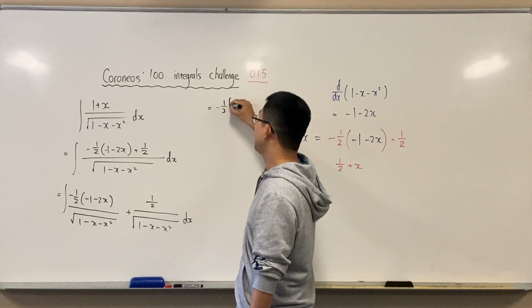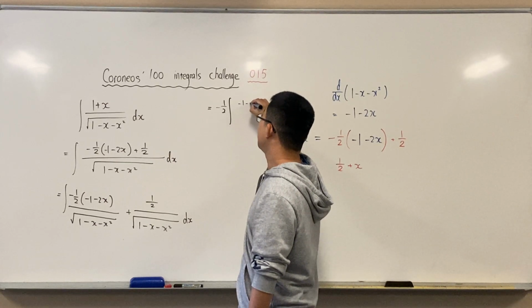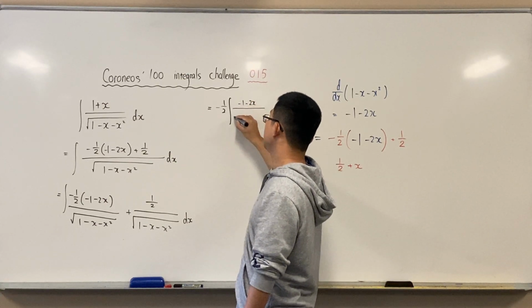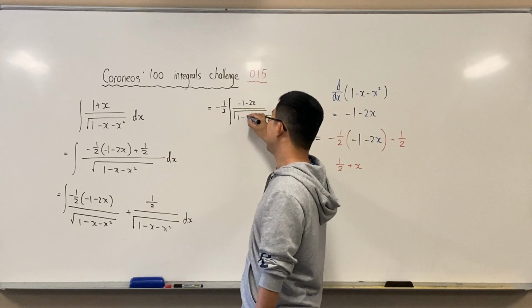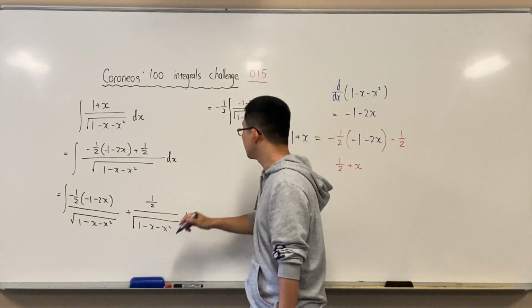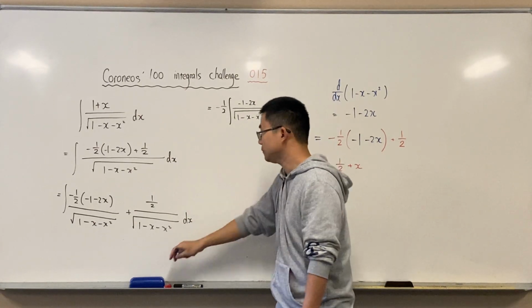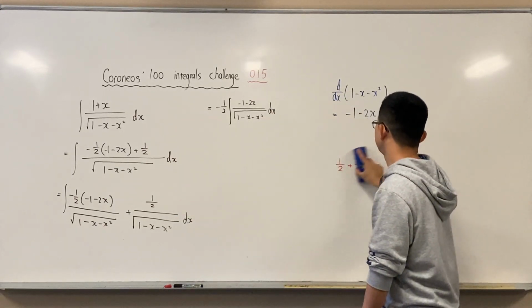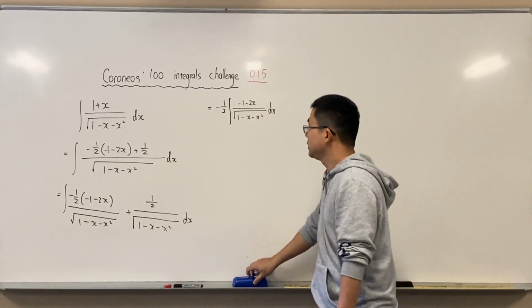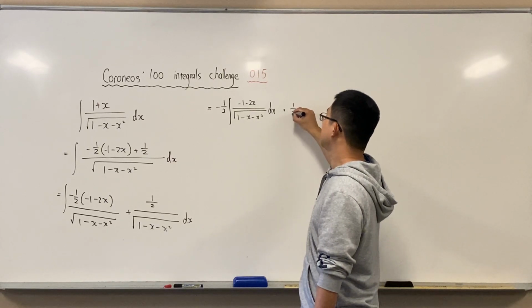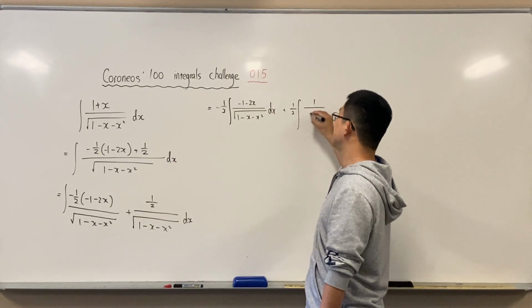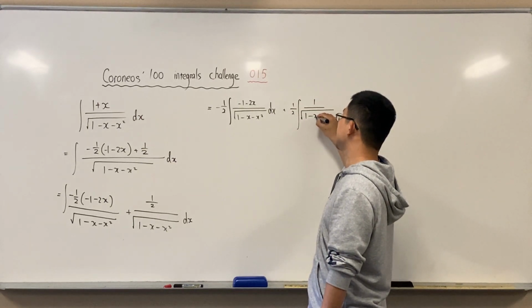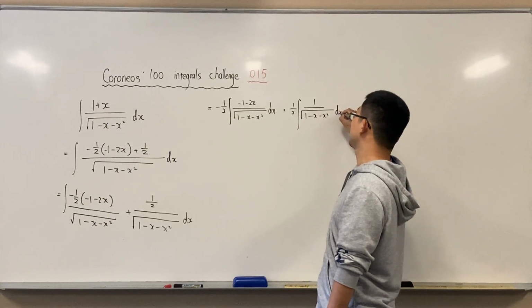So negative half integrate minus 1 minus 2x over square root 1 minus x squared dx. And then plus half integrate 1 over square root of 1 minus x squared dx.